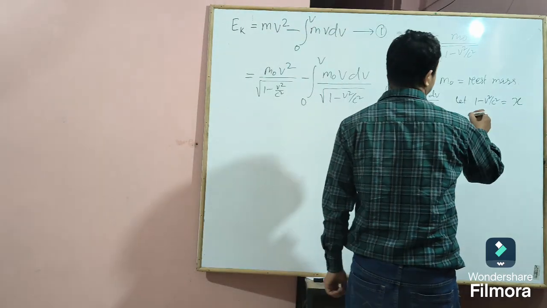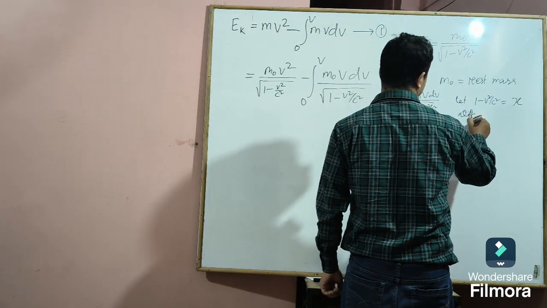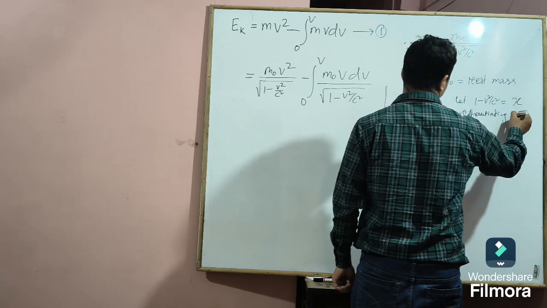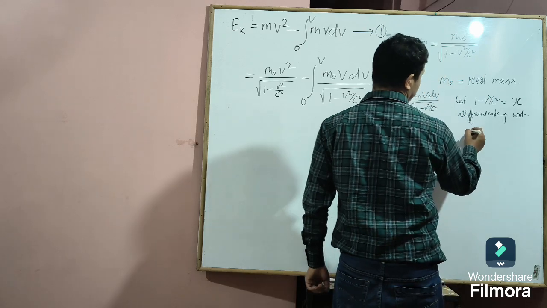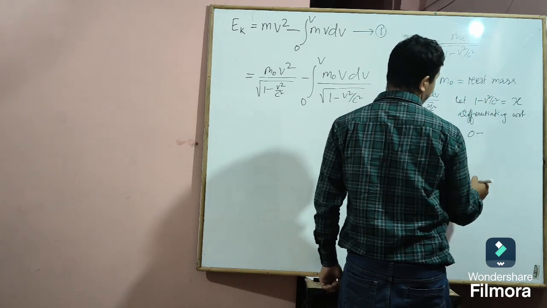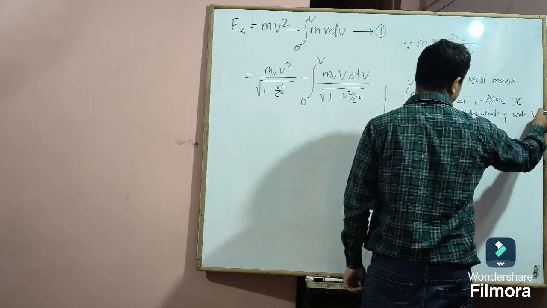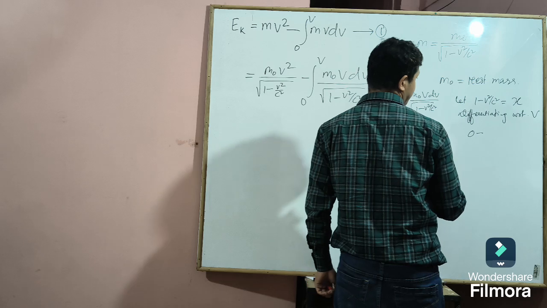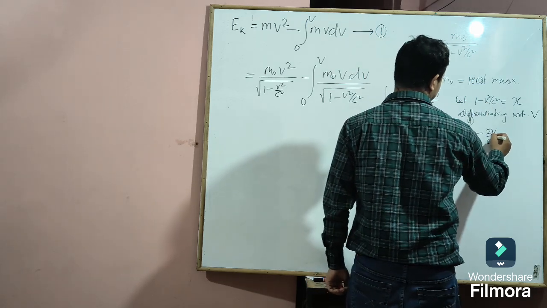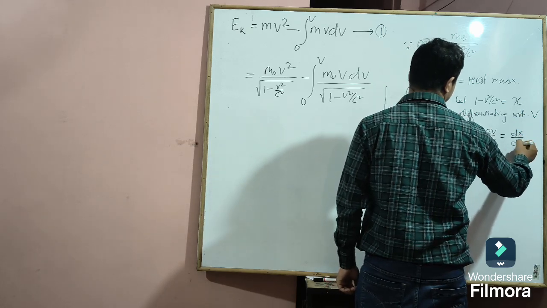So if you differentiate both sides with respect to x, then here derivative of 1 is going to be 0, minus derivative of v square. Sorry, not with respect to x, with respect to v. Let us divide both sides with respect to v. Then v square is going to be twice v, c square is constant, and here it's going to be dx by dv, right?